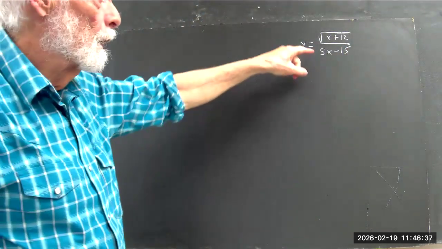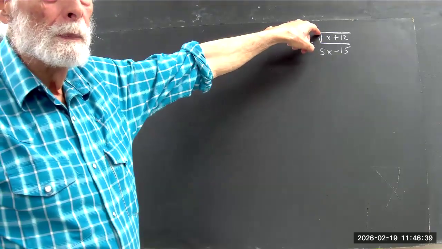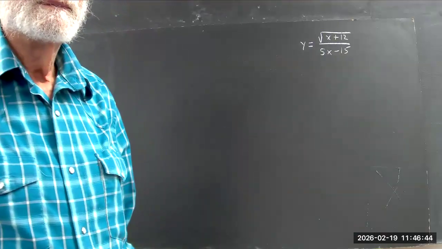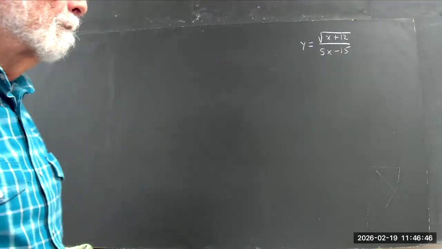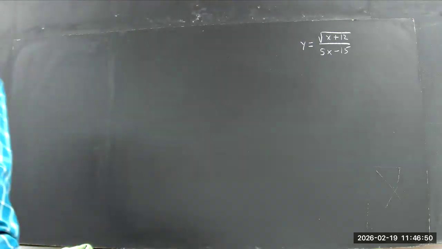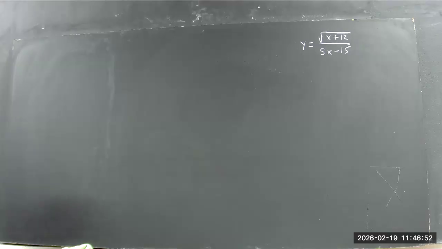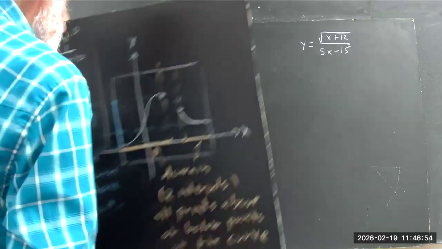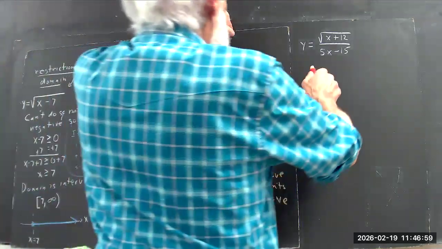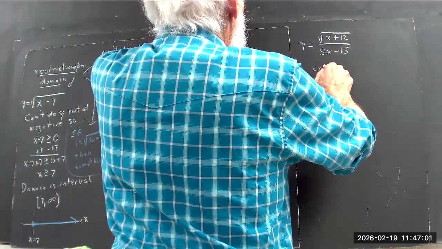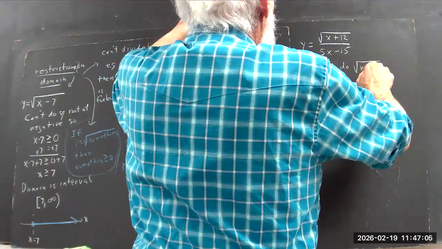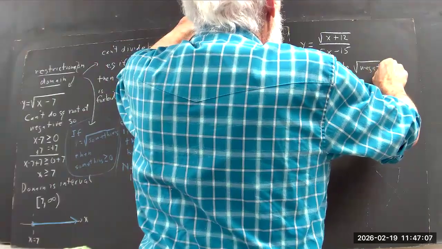Okay, if you write down y equals the square root of x plus 12 over 5x minus 15, tell me, the rules that I just gave you are: you can't do the square root of a negative.